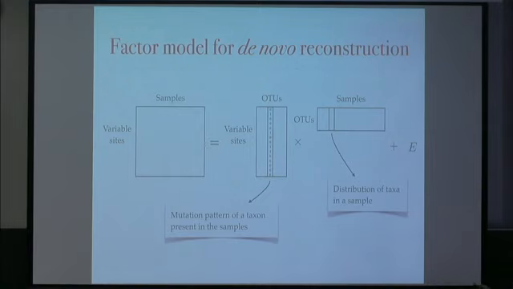You can interpret a column on the left as a mutation pattern of a taxon that's present in these samples. And this column is the distribution of taxa in a given sample. So a column of this matrix will be a mixture, according to this probability distribution, of the different columns on the left. So this is the de novo reconstruction problem.